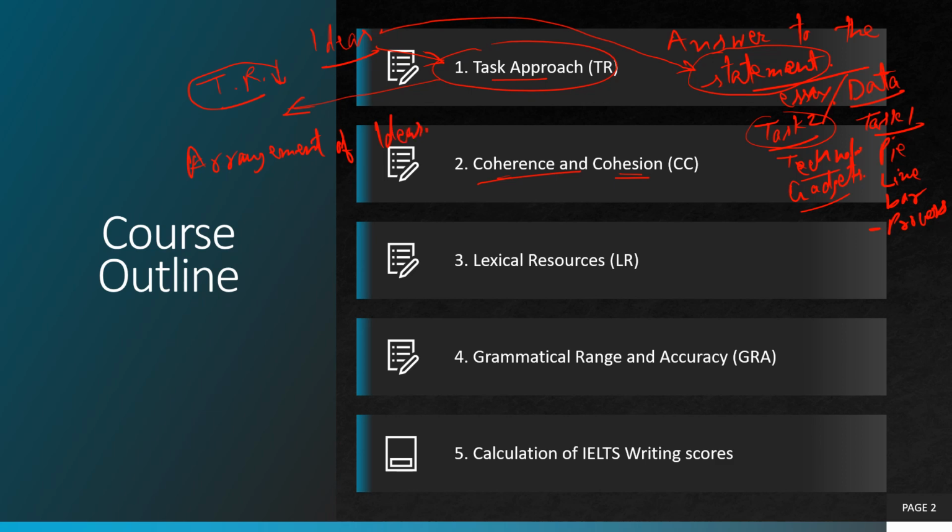If the arrangement of ideas is in a sequential manner, it means you are moving from one step to another step, then to the next one in a coherent manner, and your story is going on smoothly, one after another, so there is no gap. If any gap is there, it will leave a question in the mind of the examiner who is going to check your writing task.